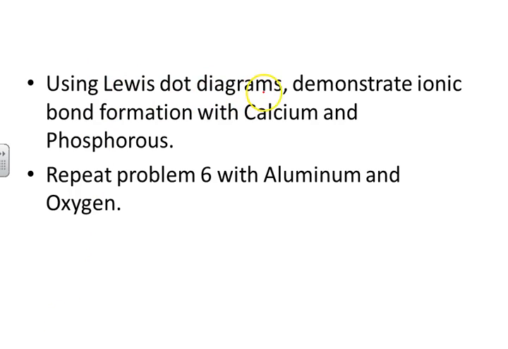Using Lewis dot diagrams, demonstrate ionic bond formation with calcium and phosphorus. Okay, well, if we have calcium, 2 dots, phosphorus with 3 dots, we're going to transfer an electron, transfer another electron.